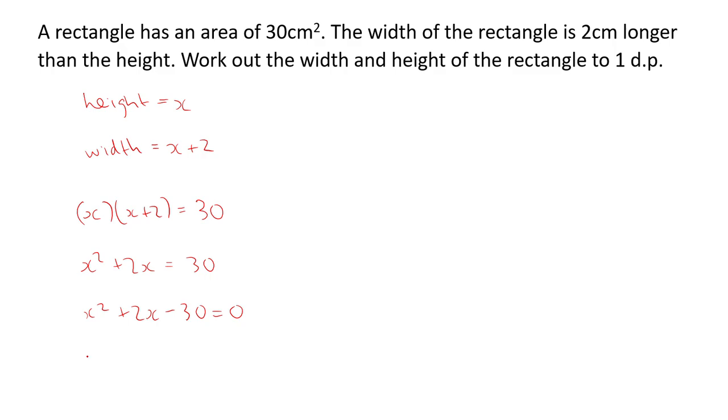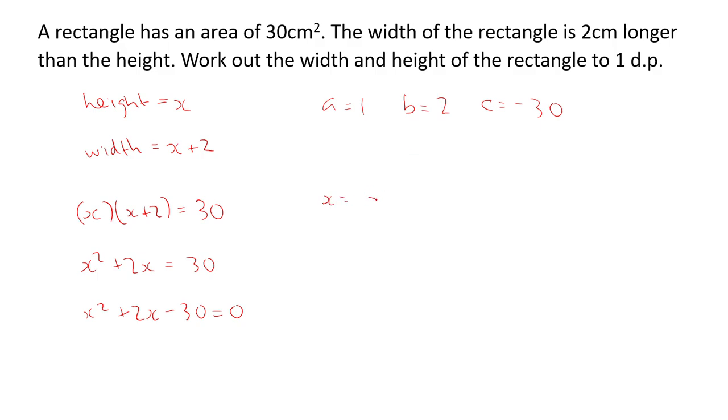Okay, and now I can solve. So clearly here, a is equal to 1 because the coefficient of x squared is 1. B is equal to 2 because the coefficient of x is 2. And C is equal to minus 30. So I'll plug those in to the quadratic formula.